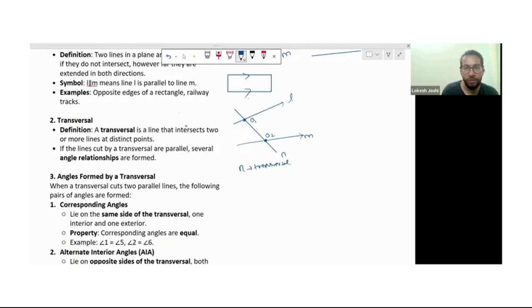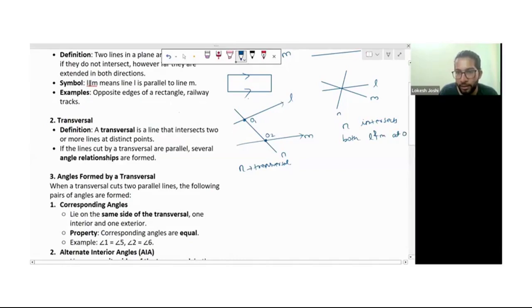Okay. So let me give you a condition in which most students are confused, which is not a transversal. Suppose this one is L and this one is M, and for this line N, we can say N intersects both L and M at the point O, which is there.